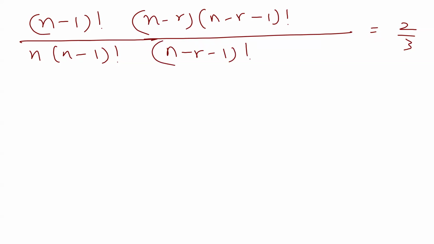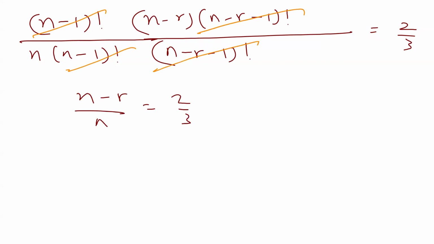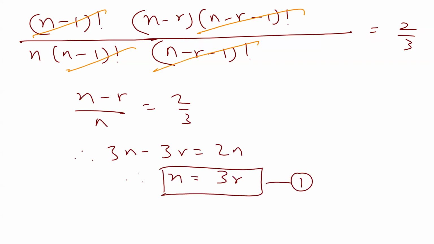Okay. So some terms are getting cancelled, and we are left with (N minus R) upon N equal to 2 by 3. So 3N minus 3R is equal to 2N. Therefore, N is equal to 3R. This is the first result.